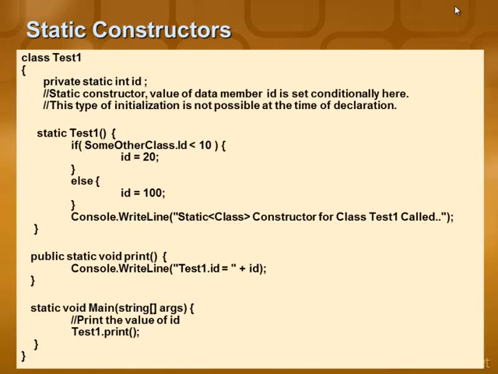Okay. Now there is the other reason why we use this static constructor. Now suppose I want to instantiate a class by looking at the value of something else. For example, if you're writing a program like online bidding or something of that type. Now you want to start the initial bid value based on what somebody else has already quoted.